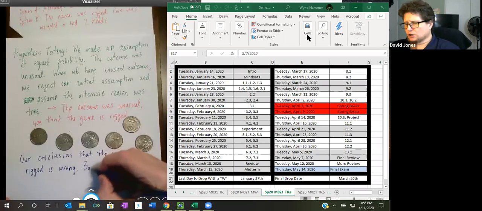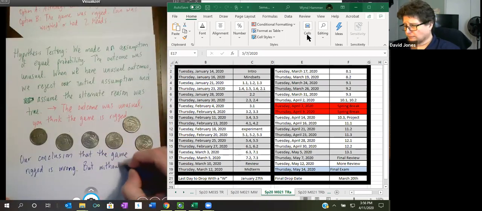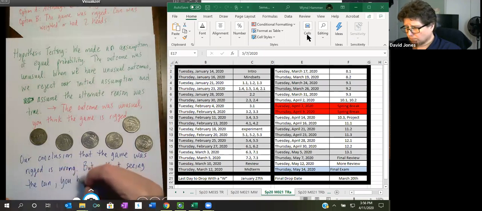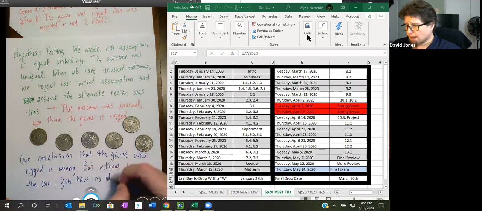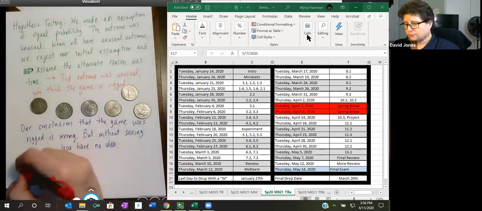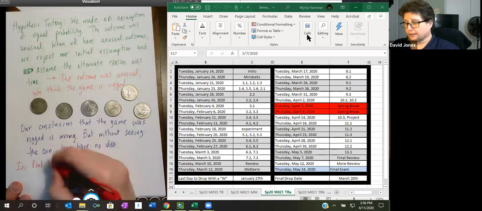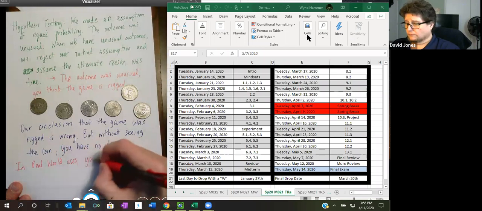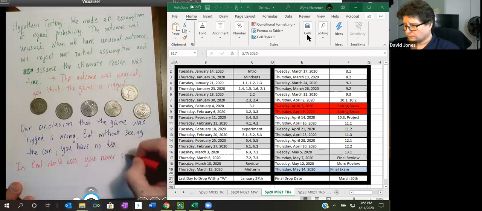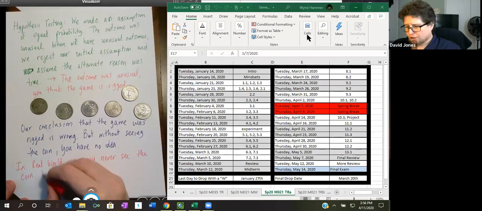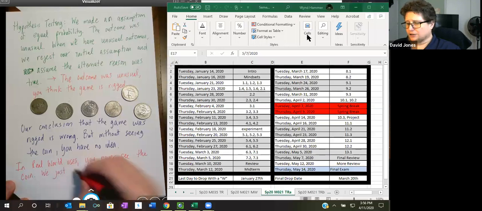But without seeing the coin, you have no idea. And in the real world, in real world uses, you never see the coin. We just make a decision based on the unusualness of the event.